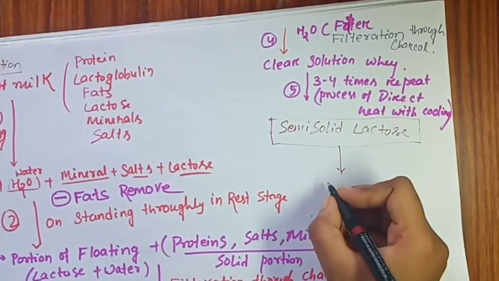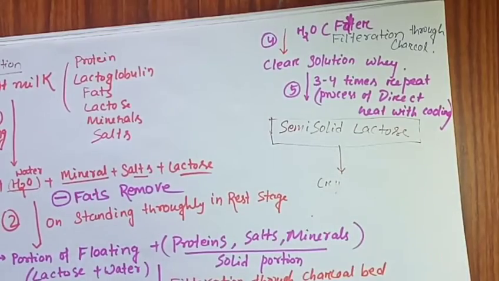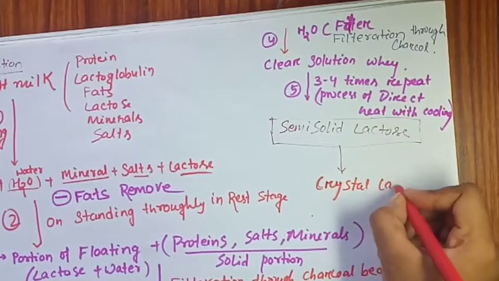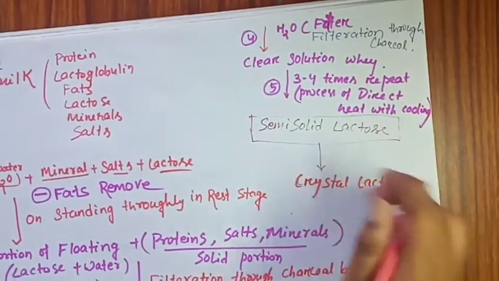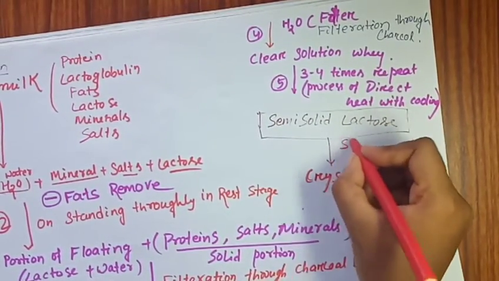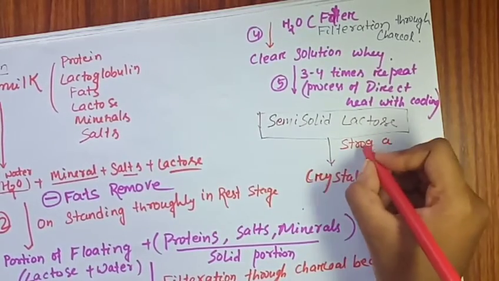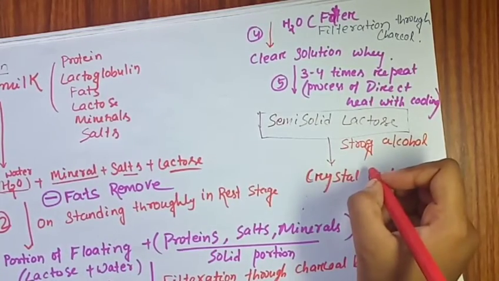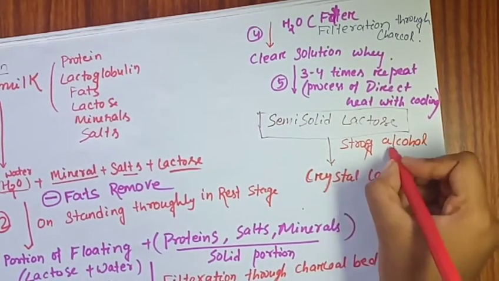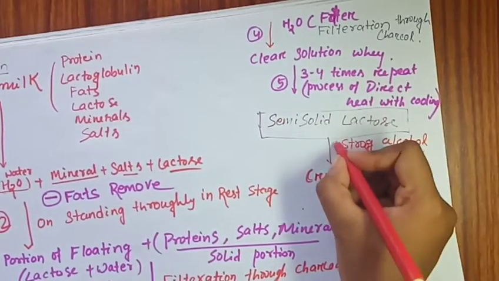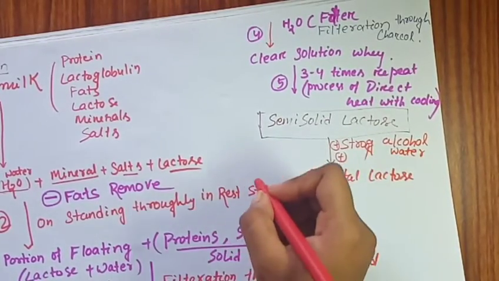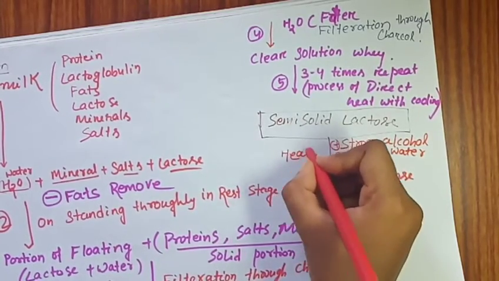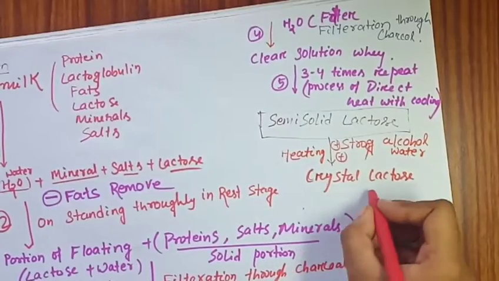We take semi-solid lactose to get crystal lactose, by adding strong alcohol, plus adding purified water, and then direct heat through a water bath. Heating, we produce crystal lactose.